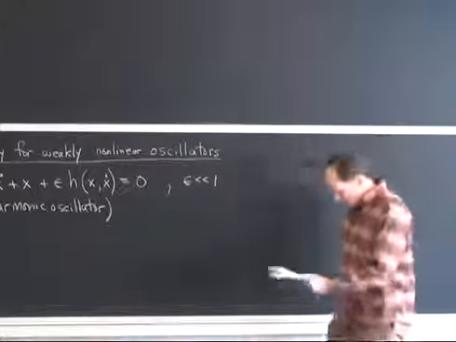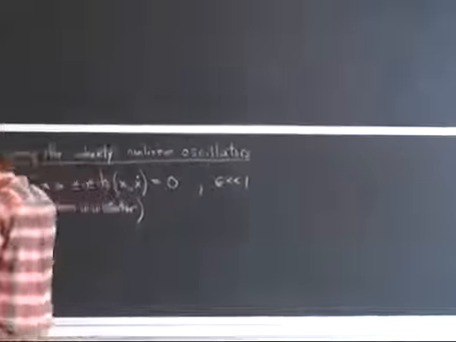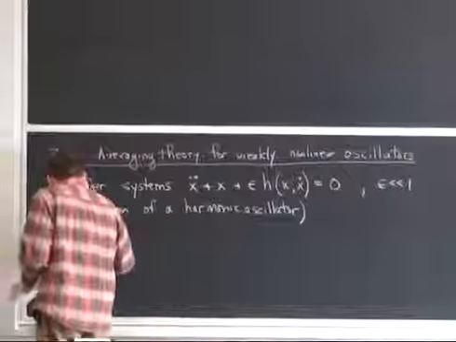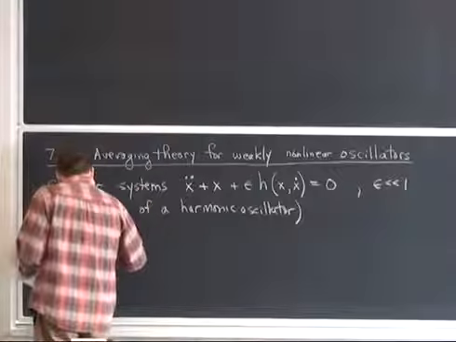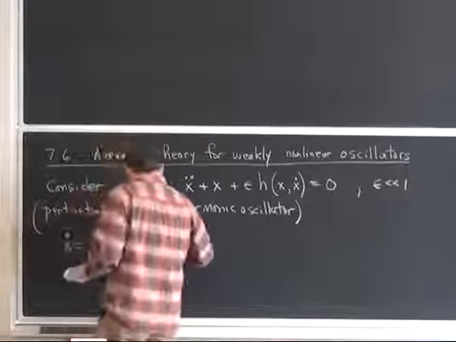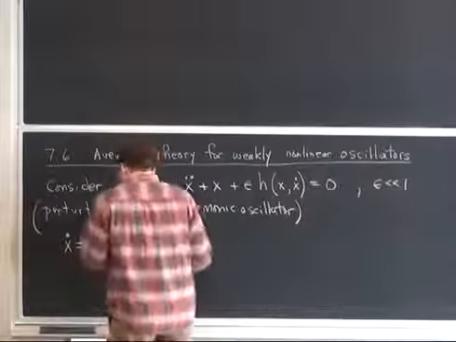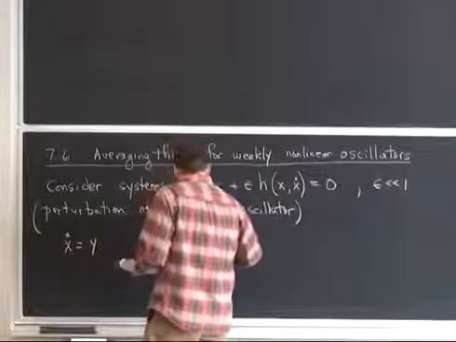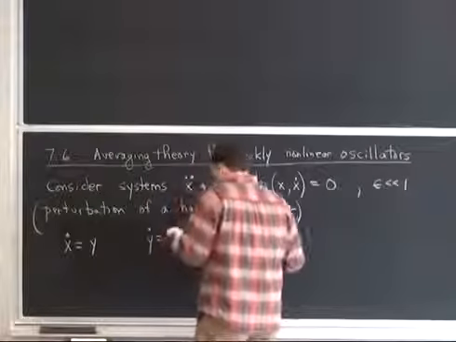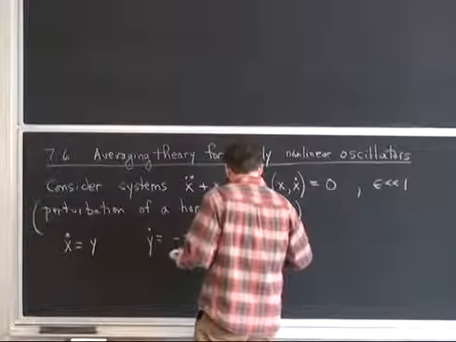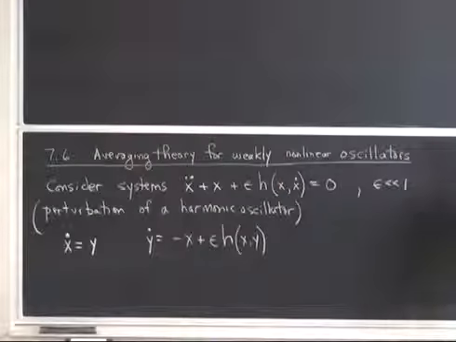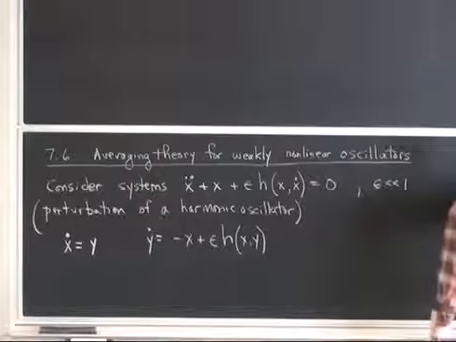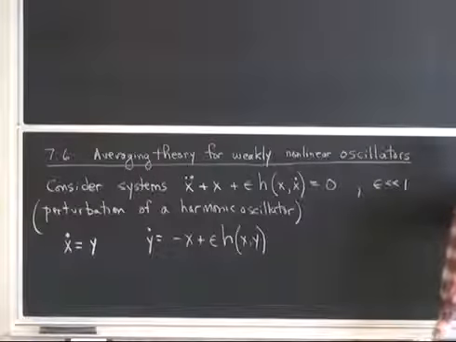So anyway, here we are. We have this system. Now, we know that when we write it in the phase plane, it would look like, let's say we write it as X dot equals Y, Y dot equals negative X plus epsilon H of X and Y. And in the simple case when epsilon is 0, we know exactly what happens.